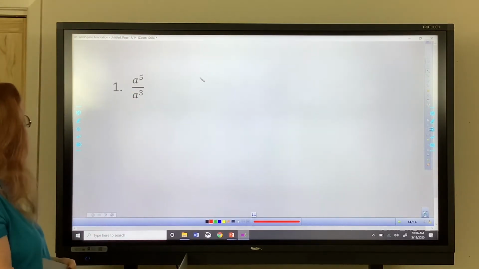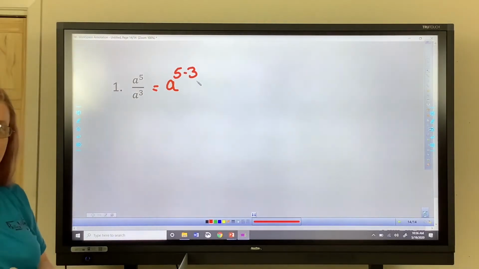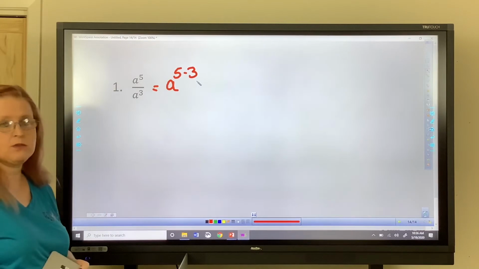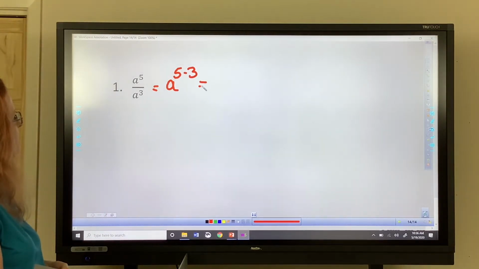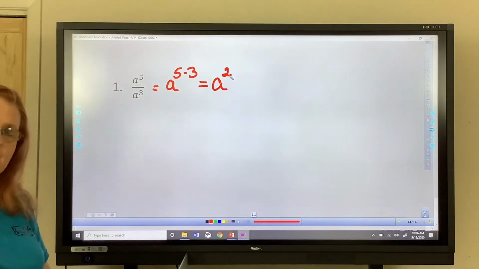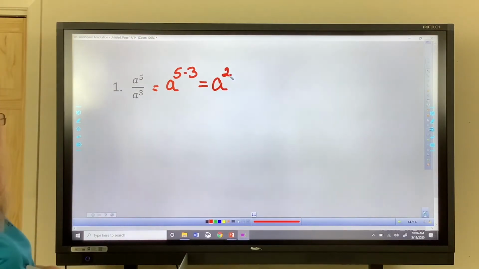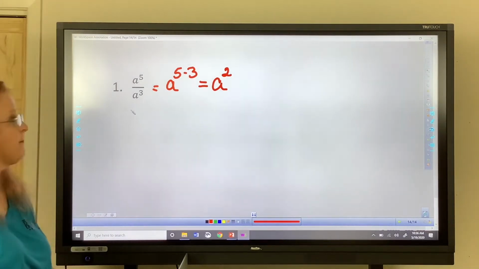And so we're going to write our a. And then we're going to subtract 5 minus 3. Right now I'm writing that step. Eventually you'll get to the point where you don't have to write that step. But 5 minus 3 is just 2. So we get a squared as our simplified answer. And a squared is much easier to work with than a to the 5th divided by a to the 3rd.